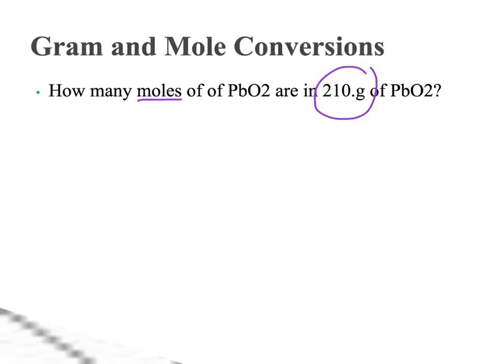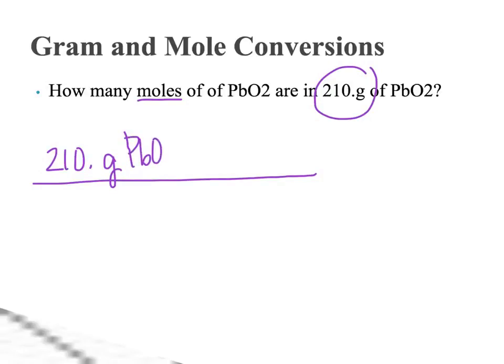So we're going to start with what they gave us, 210 grams, and that point means that that 0 is significant because they're saying it's exactly that much. So PbO2, draw our grid. We know that we want to get rid of grams, so we're going to put it on the bottom, and we're going to go to 1 mole on the top.